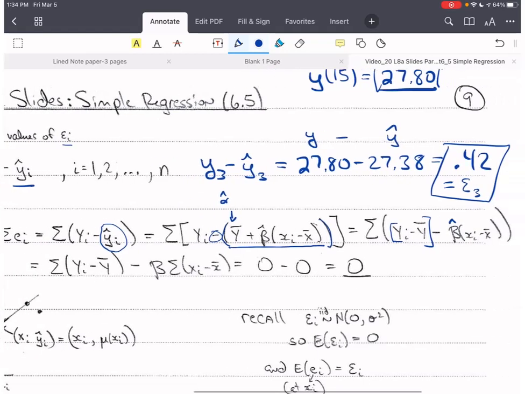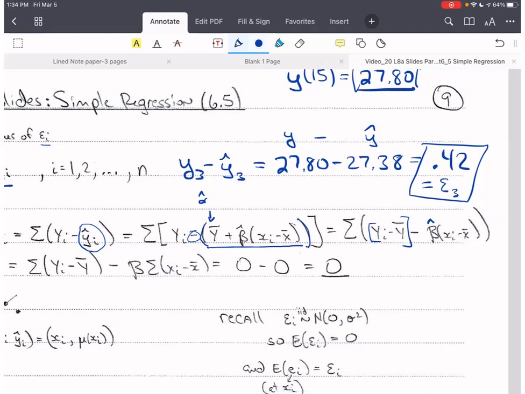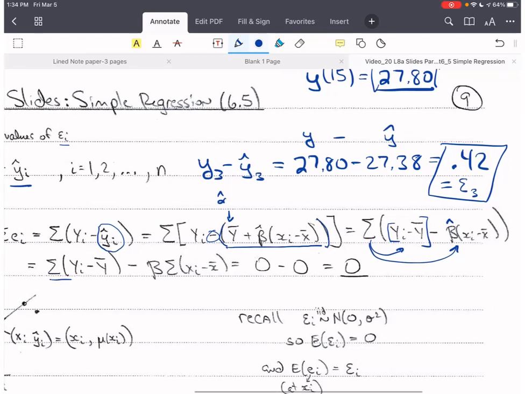So now we have the summation of this. We can distribute the summation across these two quantities. And we have the sum of yi minus y bar minus beta hat, don't forget the hat, sum of xi minus x bar. Well, the sum of yi minus y bar, that's always 0, because that's the sum of yi minus the sum of y bar.